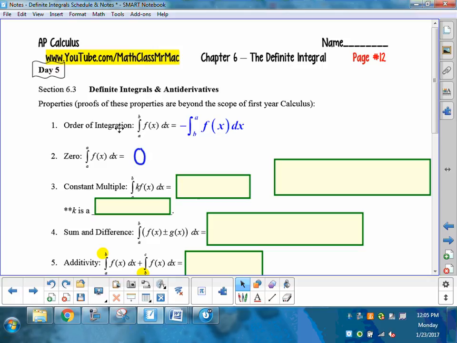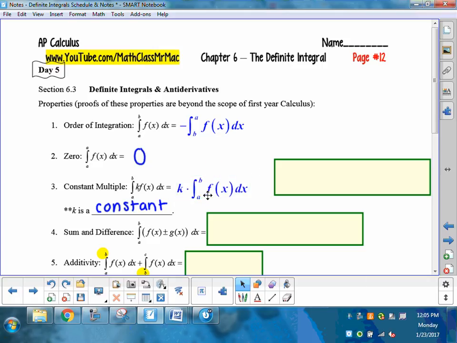Next one up, if you have some constant k multiplied by the function, you pull out that k and then multiply it out. So you've got k times the integral.